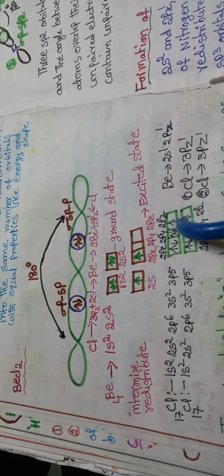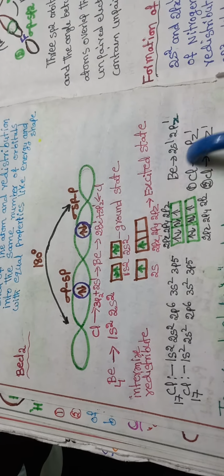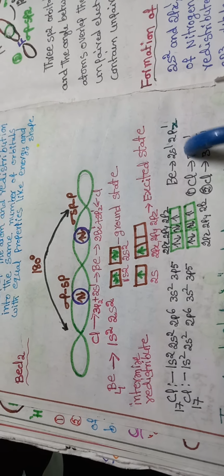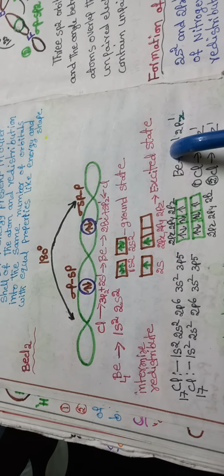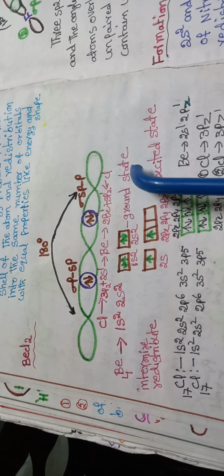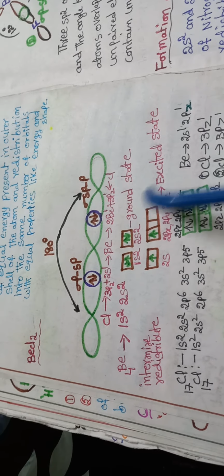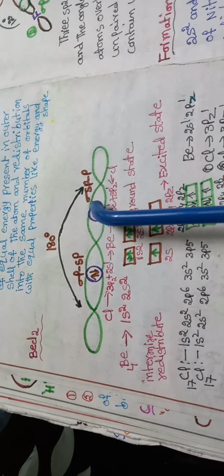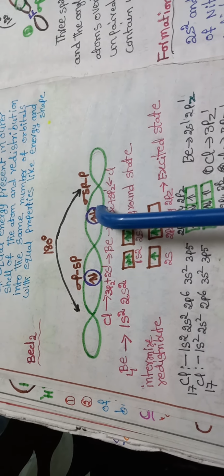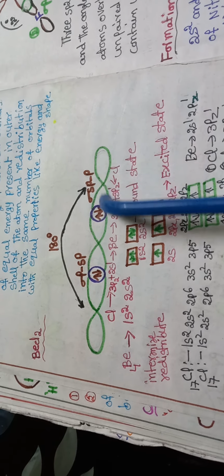So between these sp orbitals and 3p orbitals, overlapping each other, beryllium 2s1, 2pz1 and chlorine 3pz1, the orbitals overlap and form a sigma bond between sp and p.